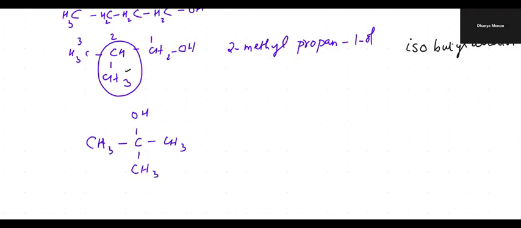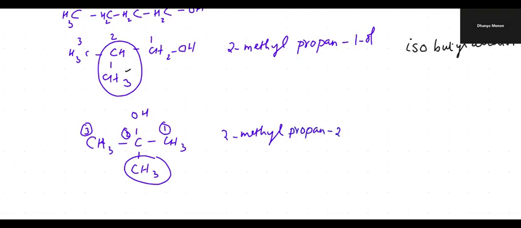We cannot number it from here because although the carbon atom having the functional group should be given the lowest position, we cannot start the numbering from the middle also. 1, 2, 3. So at the second position, you have the substituent methyl group also. So what would be the name? 2-methyl propane-2-ol. Yes.